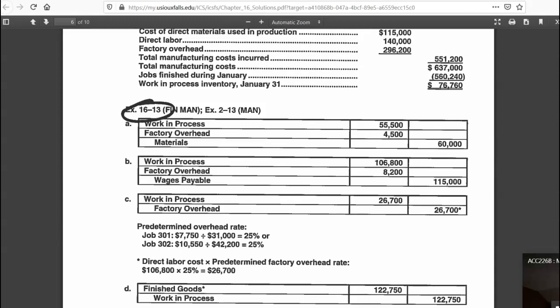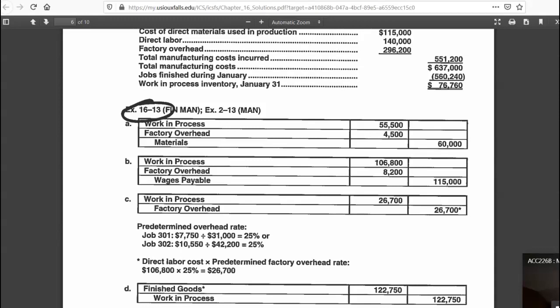Well, let's just make sure that we're doing it right. If you look at job 302 and you take 10,550 divided by the direct labor cost, that's also 25%. So we know it's 25%. So then for jobs 303 and 304, all you need to do is take 16,500 times 25%, and in your book, why don't you write the number 4,125?